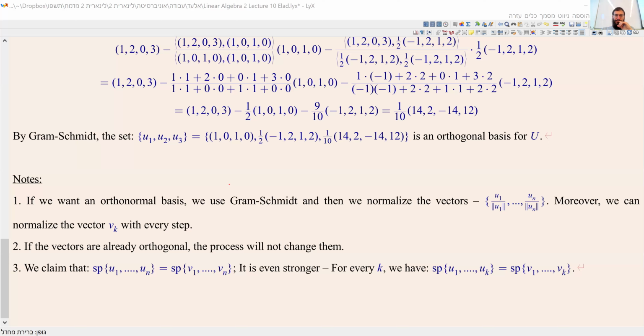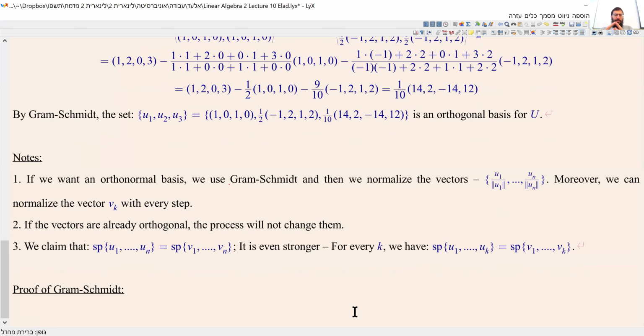Let's prove why Gram-Schmidt is true. And yet again, we actually claim here two things.